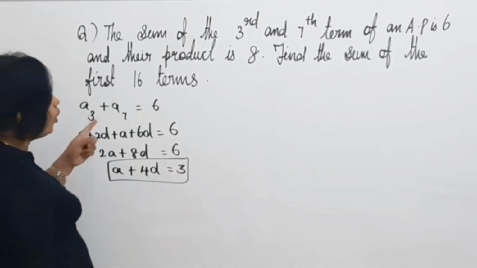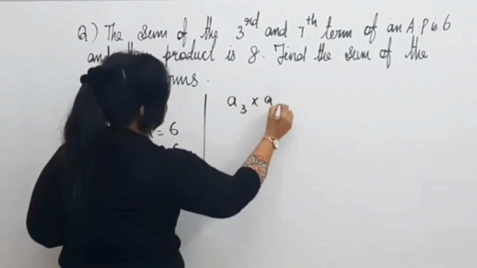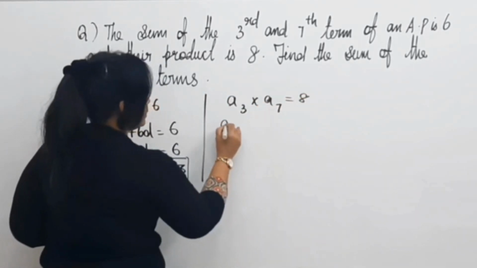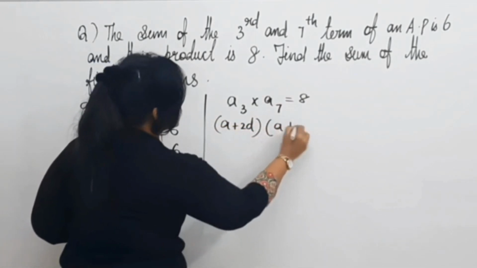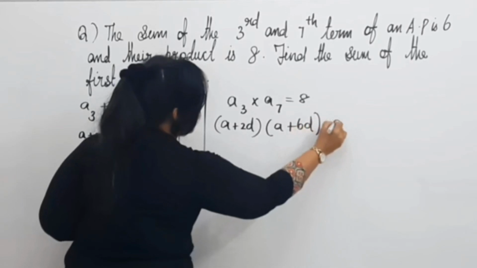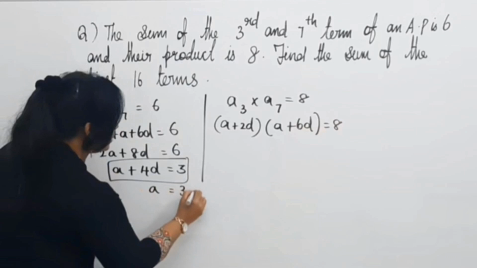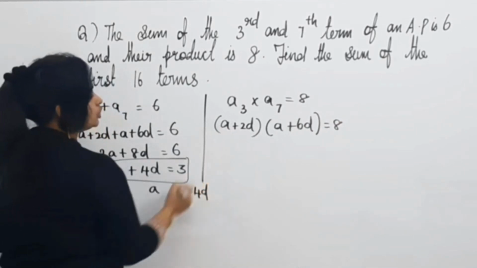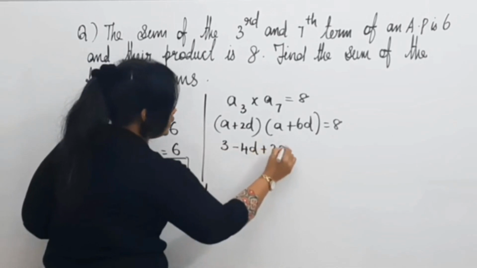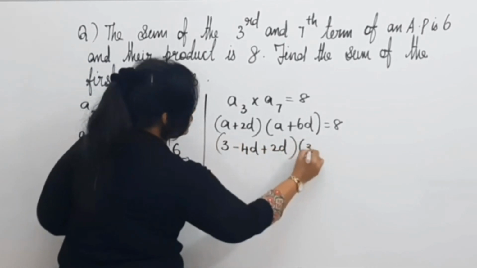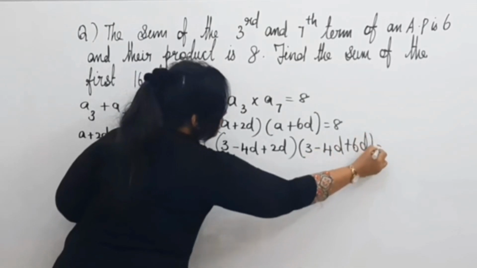Now, the product is 8. That is A3 into A7 is equal to 8. That is A plus 2D into A plus 6D is equal to 8. Now, I got my A is equal to 3 minus 4D. So let me substitute here. So 3 minus 4D plus 2D into 3 minus 4D plus 6D is equal to 8.